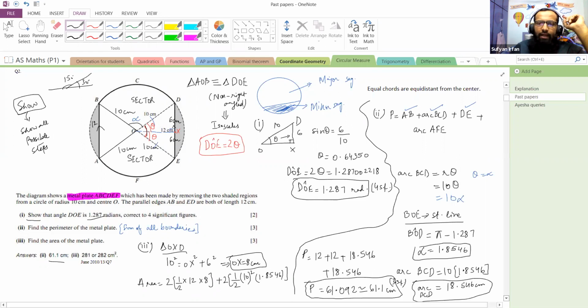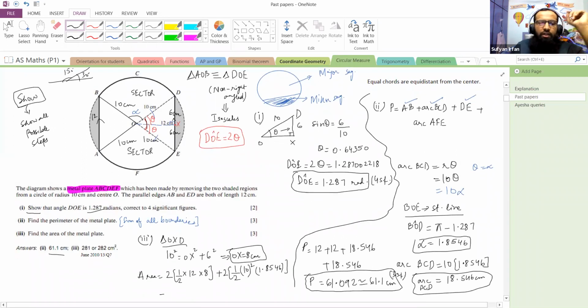If we add them together, we get the area. We have got 281.46, which when rounded off to 3SF becomes 281 centimeters square.